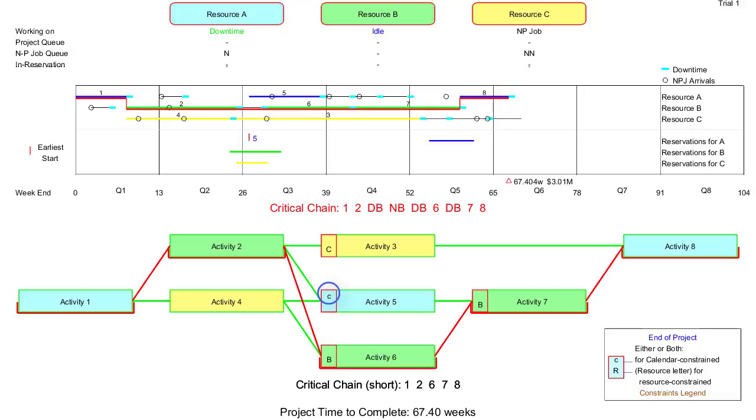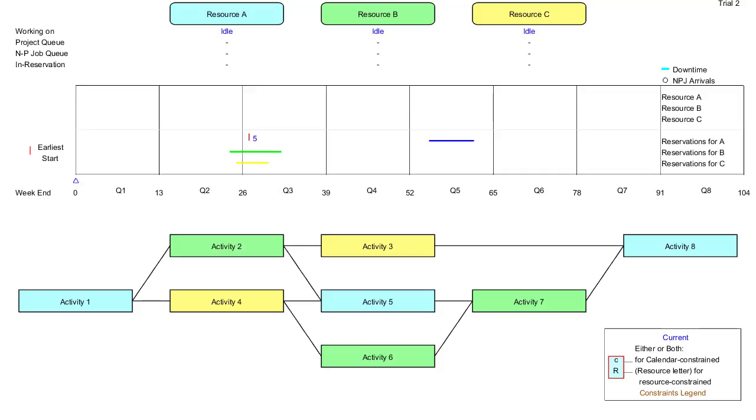Activity 5 start was intentionally planned to start no earlier than 27 weeks, and the small c indicates this active constraint. I'll rerun the simulation without interruptions with half-second pauses after each event.